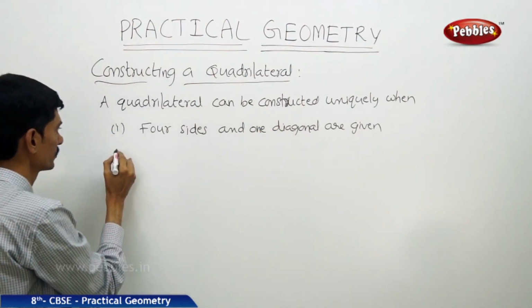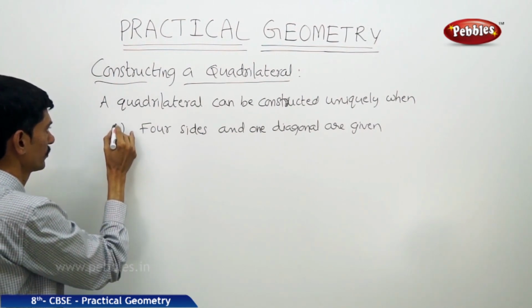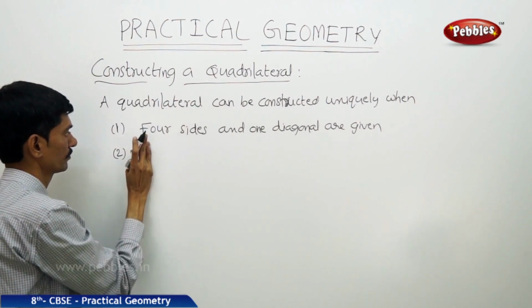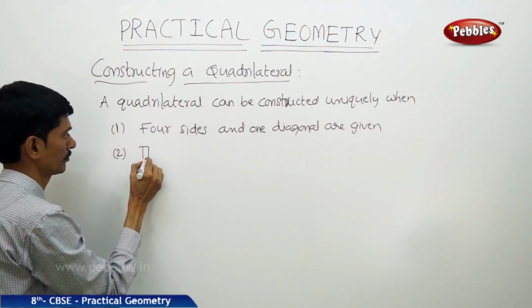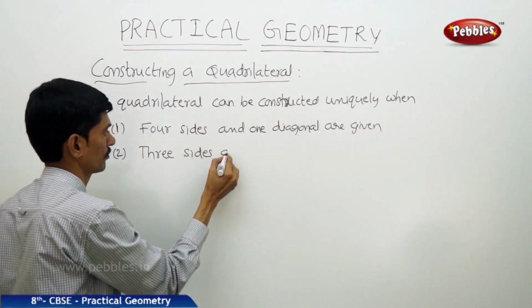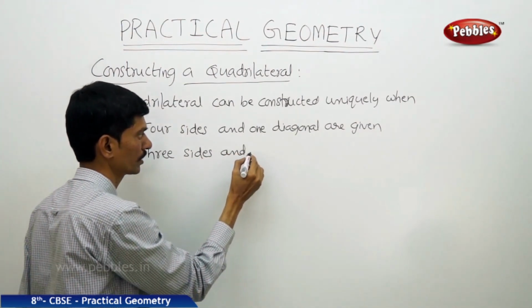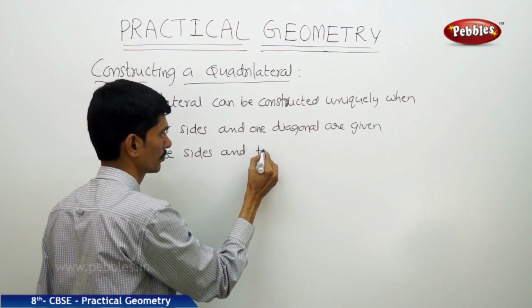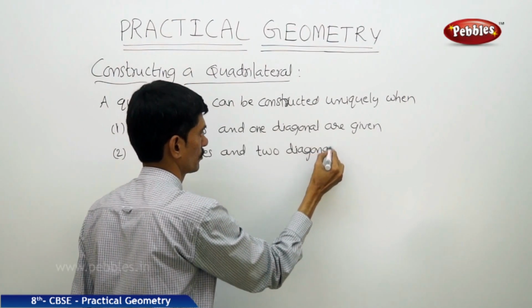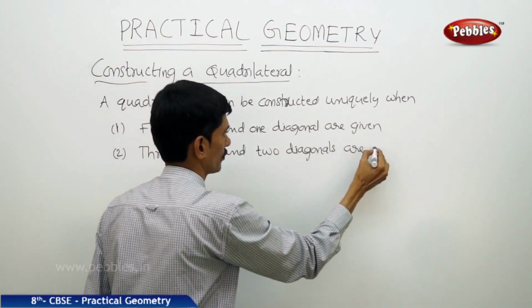And the second case, 3 sides and 2 diagonals are given.